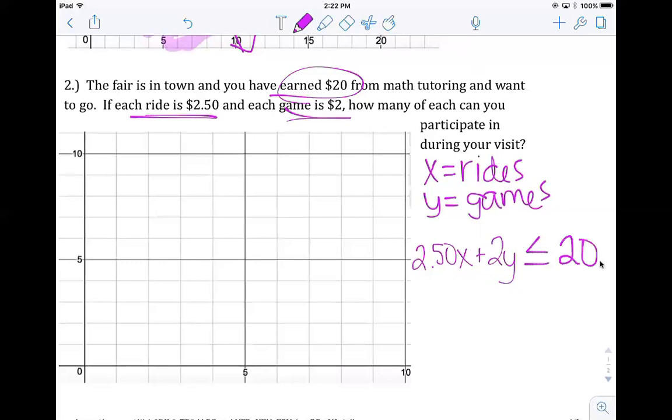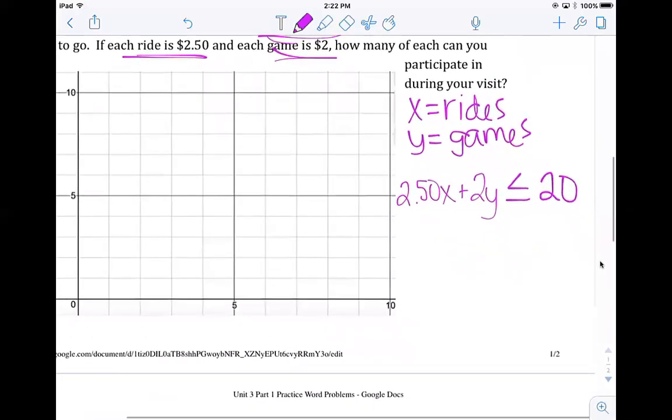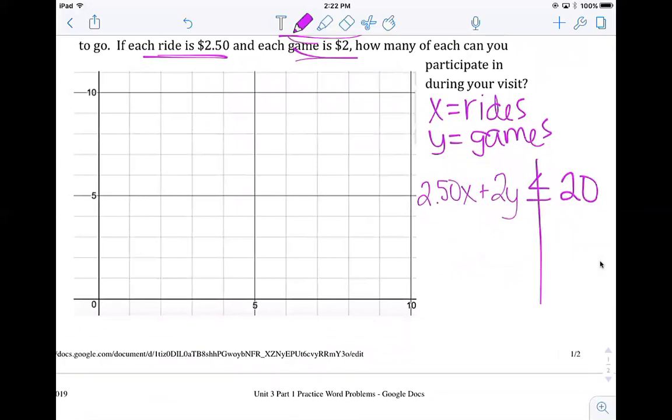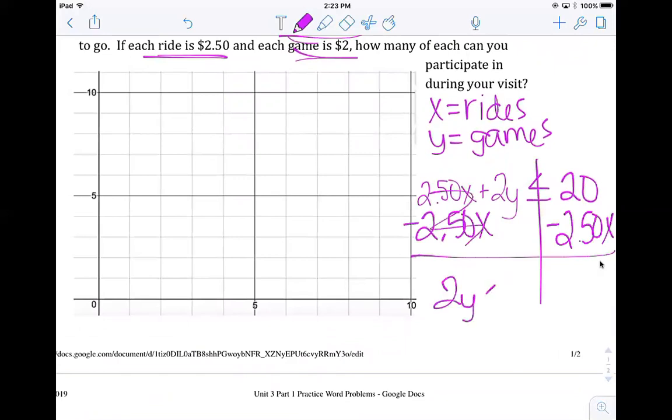So at this point, we want to graph. So we're going to have to shift things around. We're going to start like the last problem, and we're going to subtract our $2.50x on both sides. So we end up with 2y is less than or equal to negative 2.50x plus 20.